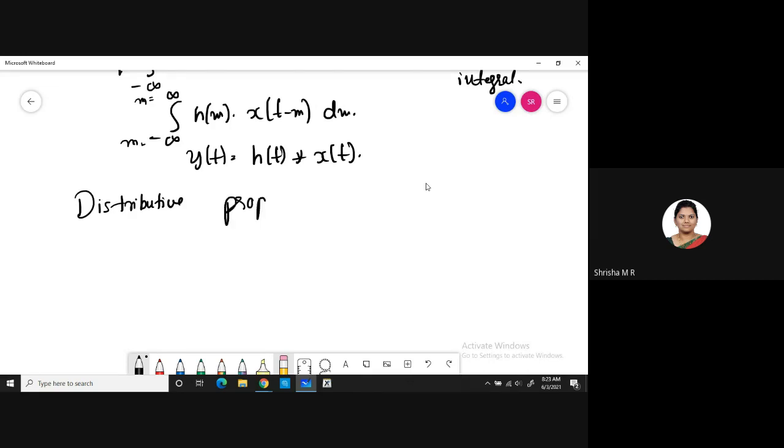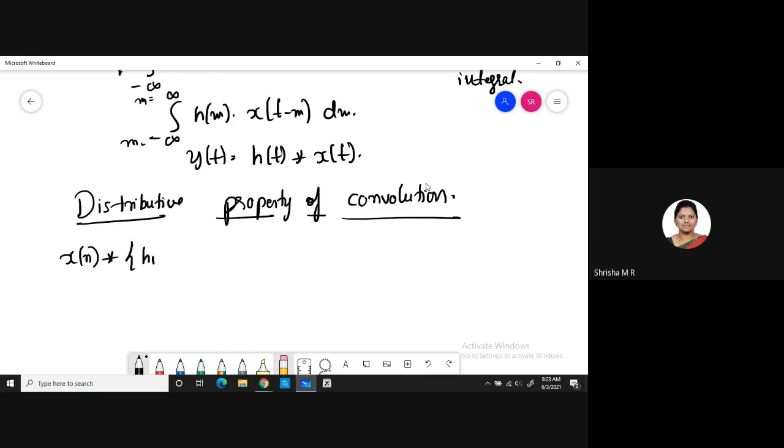Distributive property of convolution. This states that x of n convolved with h1 of n convolved with h2 of n is equal to x of n convolved with h1 of n plus x of n convolved with h2 of n.